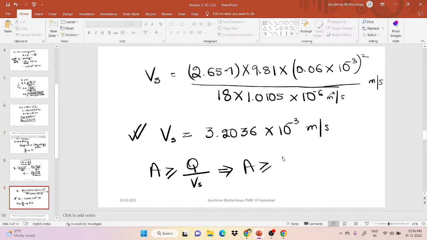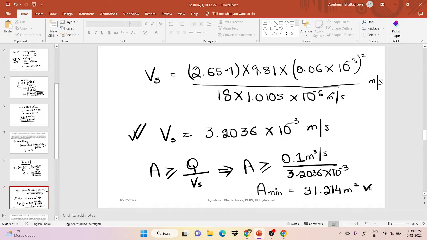So 0.1 meter cube per second divided by 3.2036 into 10 to the minus 3. After calculating, A comes out to be 31.214 meter square.